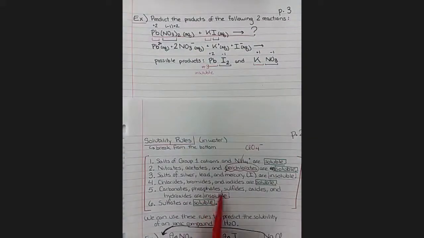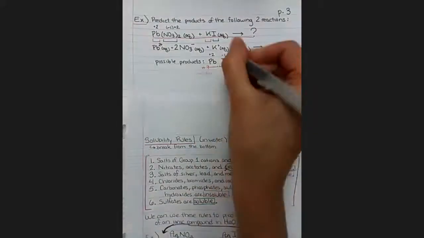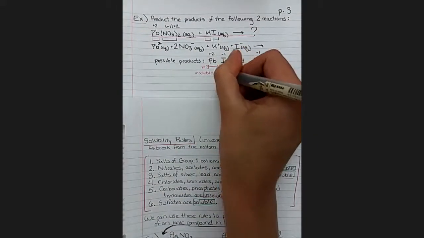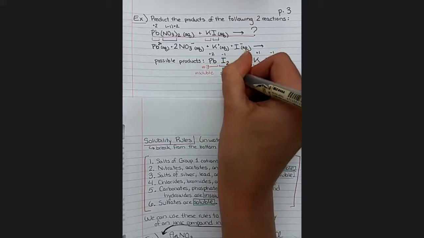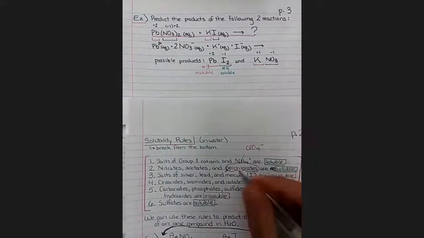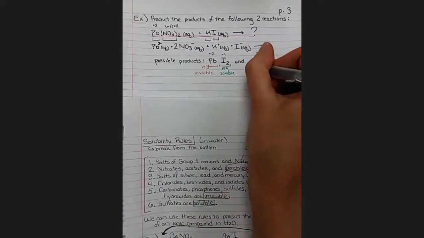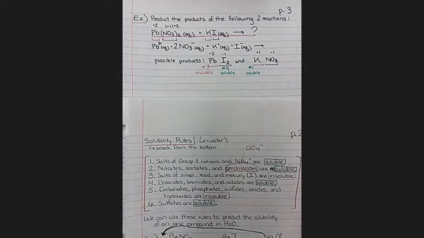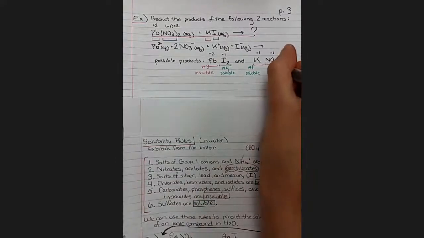And iodide is in rule number 4, which predicts it's going to be soluble. Potassium is in rule number 1, which predicts it'll be soluble. And nitrate is in rule number 2, which predicts it will be soluble.